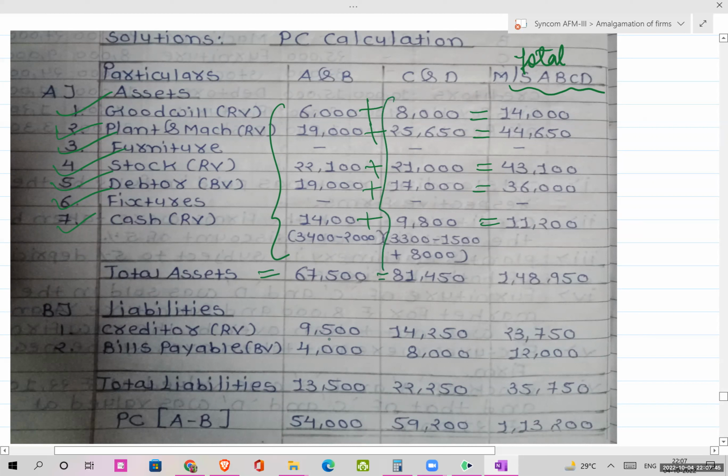Liabilities, add, take the total, yeah, fine। So I hope this part is clear to everyone. Yeah. So let's move on.